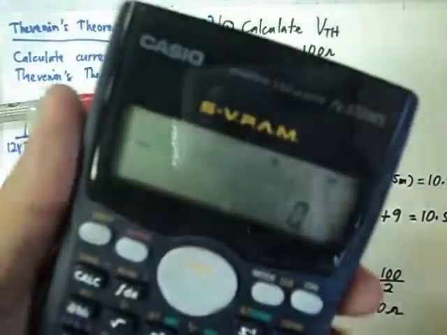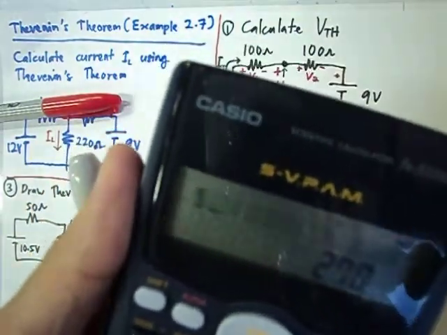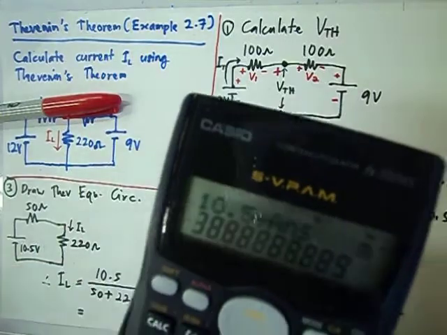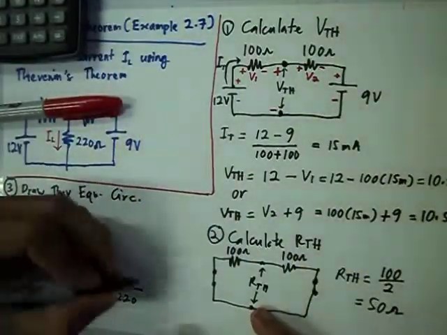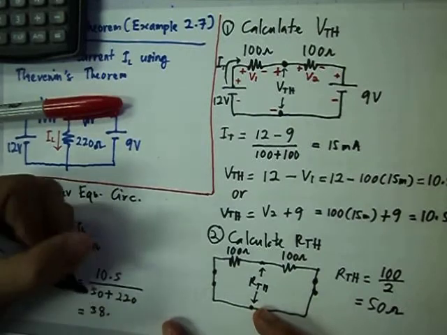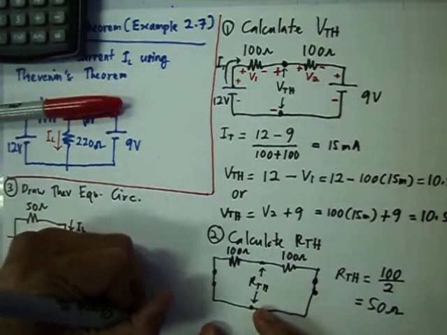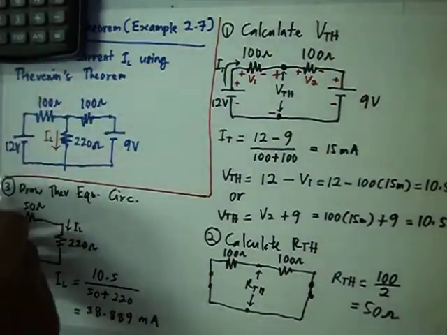So 50 plus 220, and 10.5 divided by the answer. You get 38.889 milliampere. That is your IL for this question.